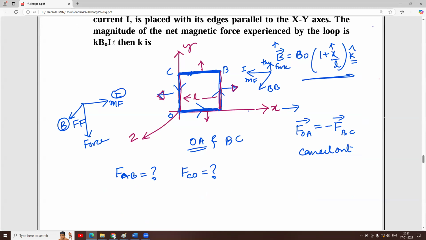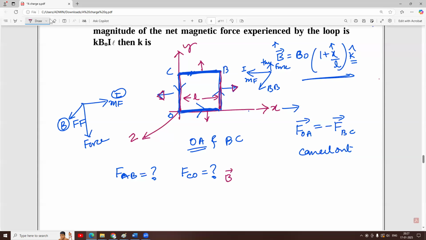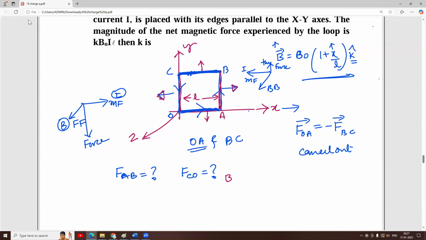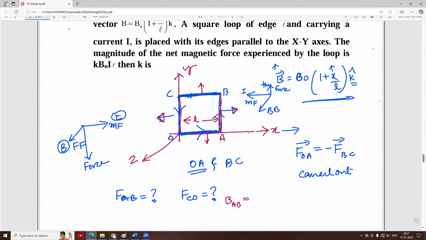Now, if you want me to write the force on different points, this conductor is lying at a distance L from the origin. So what is the magnetic field existing in the region of AB? You just write the formula with x equal to L. B is equal to B naught into (1 plus x by L) k cap.